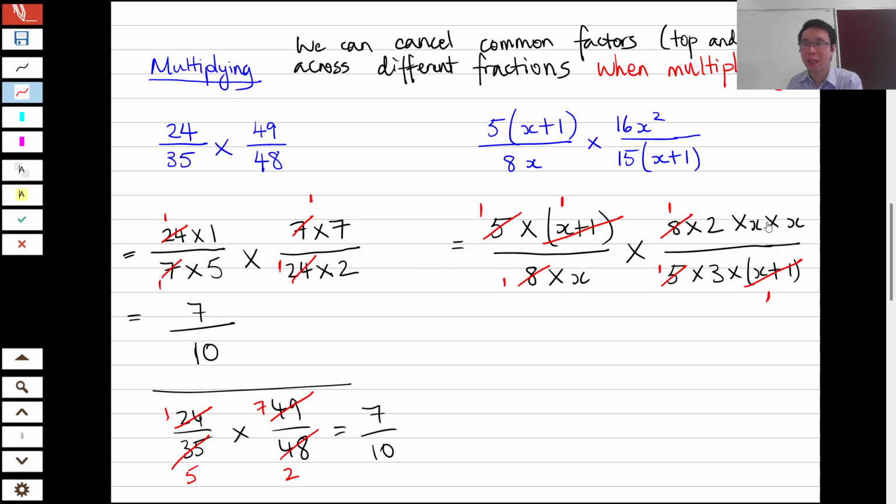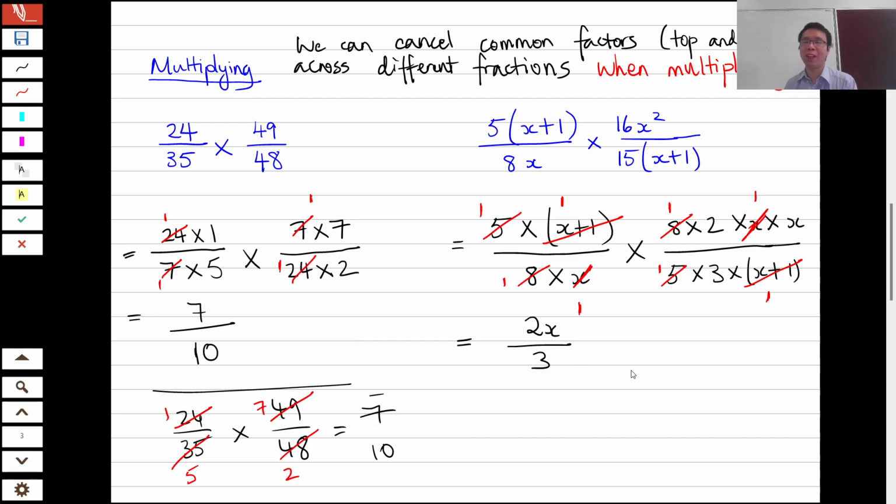And one of the x terms is going to cancel. So what I'm left with is 1 times 1 times 1 times 2 times 1 times x, which gives me 2x on top. And on the bottom, I have 1 times 1 times 1 times 3 times 1. So that gives me 2x divided by 3.